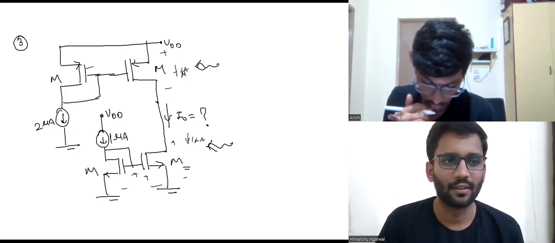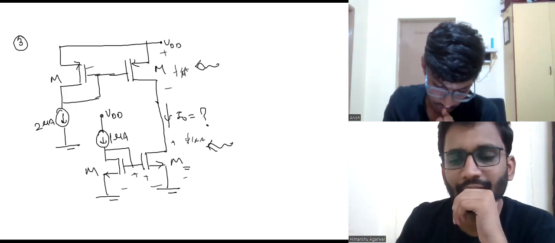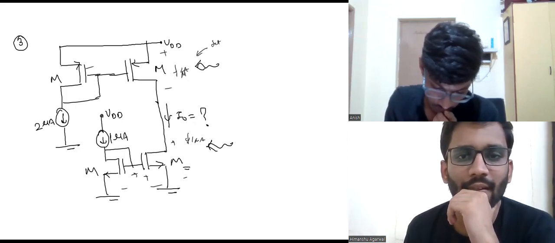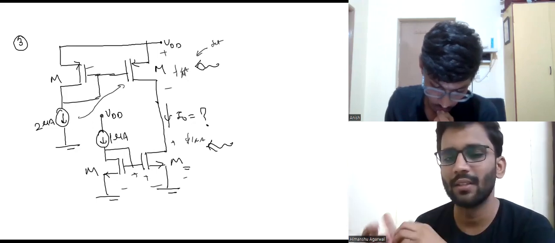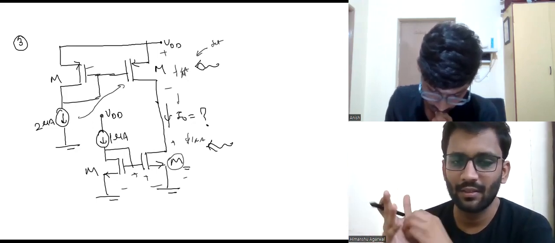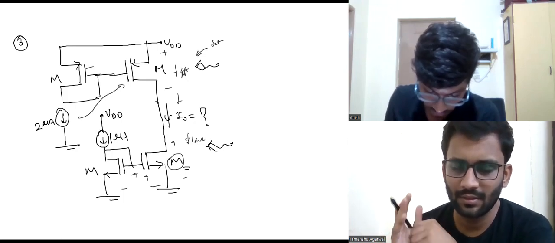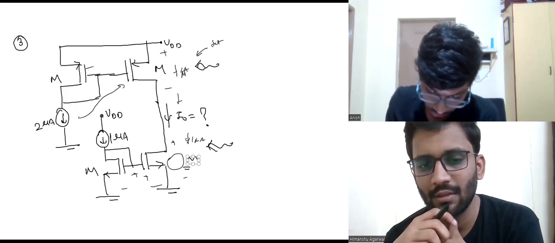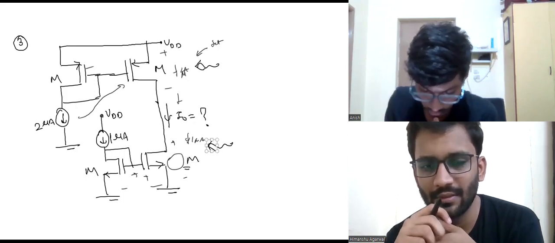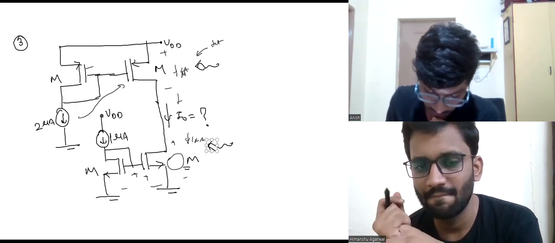If I assume that this is in saturation, this 2 microamps will get mirrored over here, and this 2 microamps will flow through this bottom MOS. But here we know, if this MOS is in saturation, the maximum current here is 1 microamp.